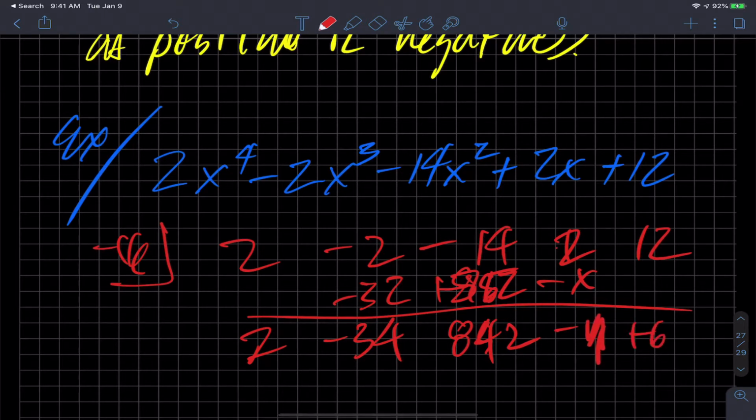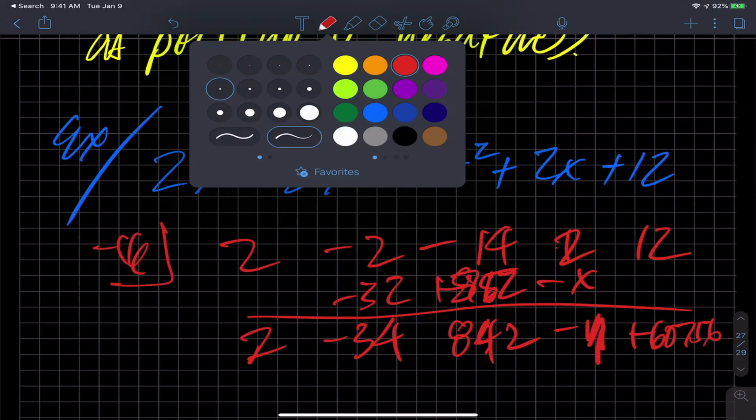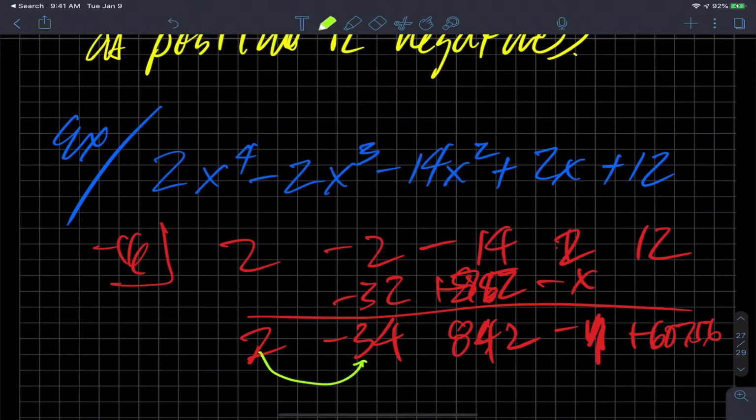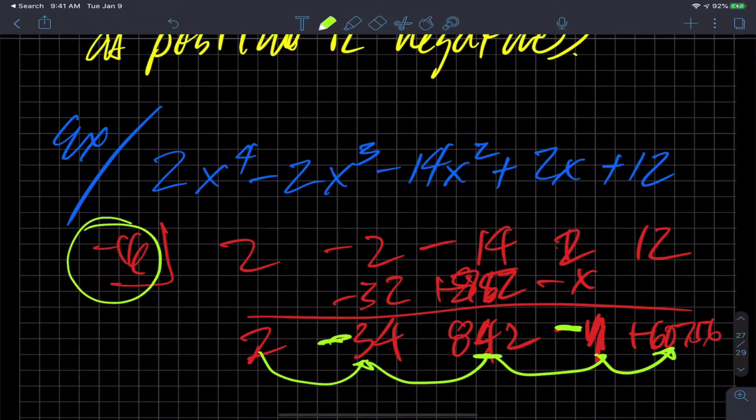It's going to be like positive 60,756 or whatever. Some large positive number. But more importantly, we can notice that it goes from positive to negative, negative to positive, positive to negative, and negative back to positive. So the signs are alternating. That means negative 16 is a lower bound of the zeros.